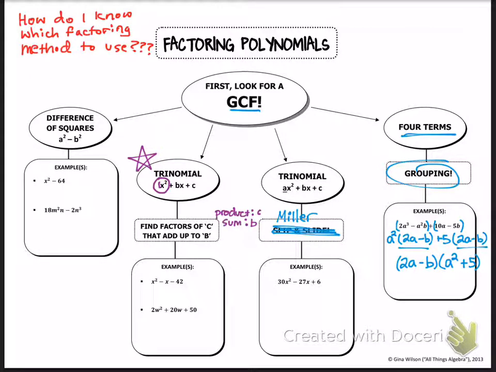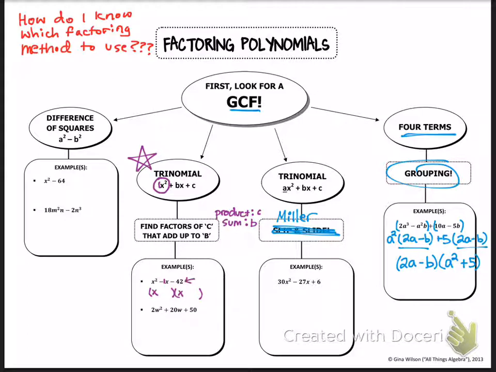If you need a reminder of that, here's a couple examples. x squared minus x minus 42. This is x squared minus 1x minus 42, so there's nothing in front. Is there a GCF? No GCF. I have a trinomial that doesn't have anything in front of it. So x squared is x and x.